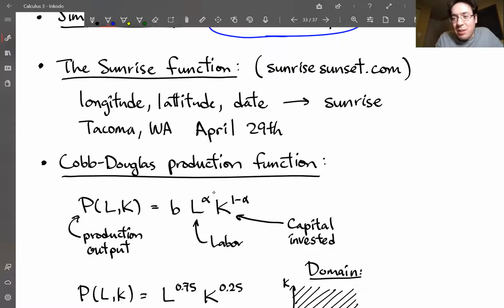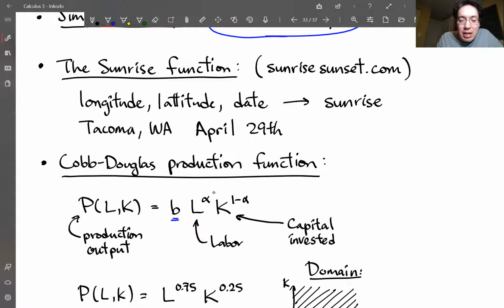And for reasons I don't understand, because I haven't taken business classes like this, roughly the amount of production that could be output is modeled by some constant B. You could just think of B as one, or if you want to think in terms of percentage, you could say 100%.